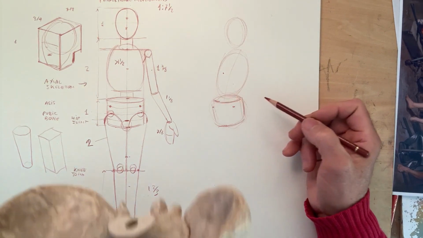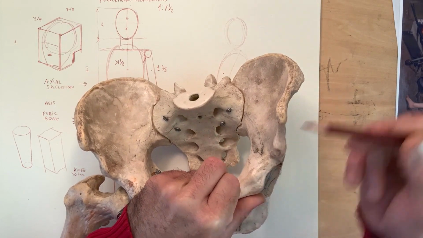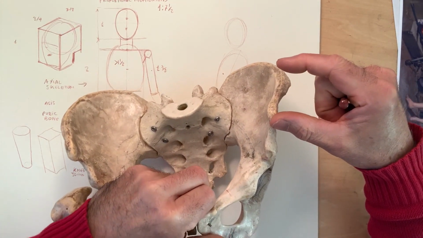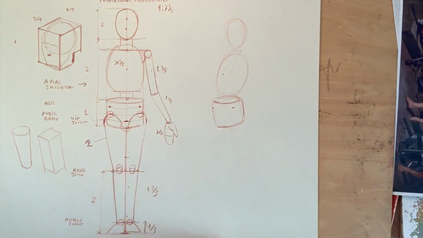So this cylinder contains this, right? And I can block in the iliac spine at the upper quarter of the height of the pelvis. 1, 2, 3, 4. Make sense? So that's all I need.